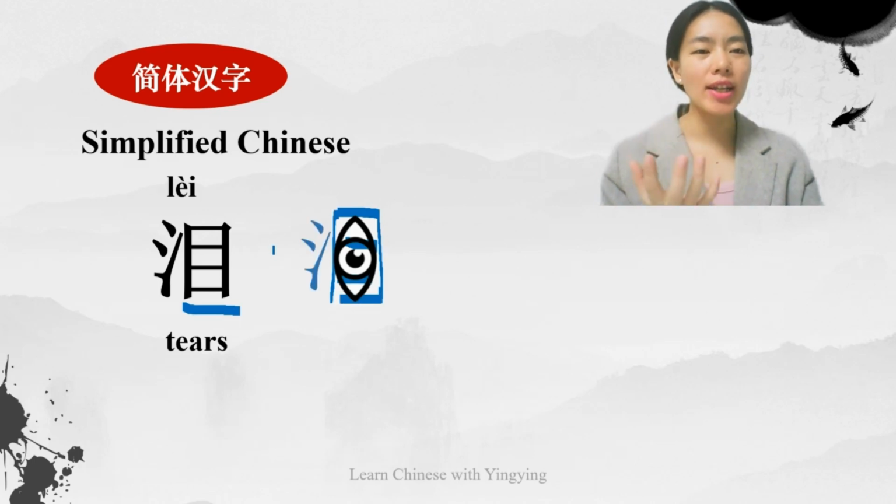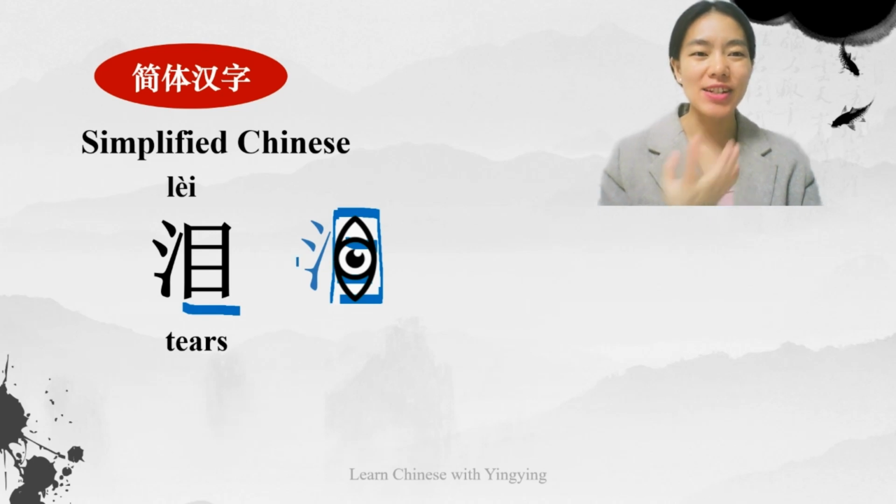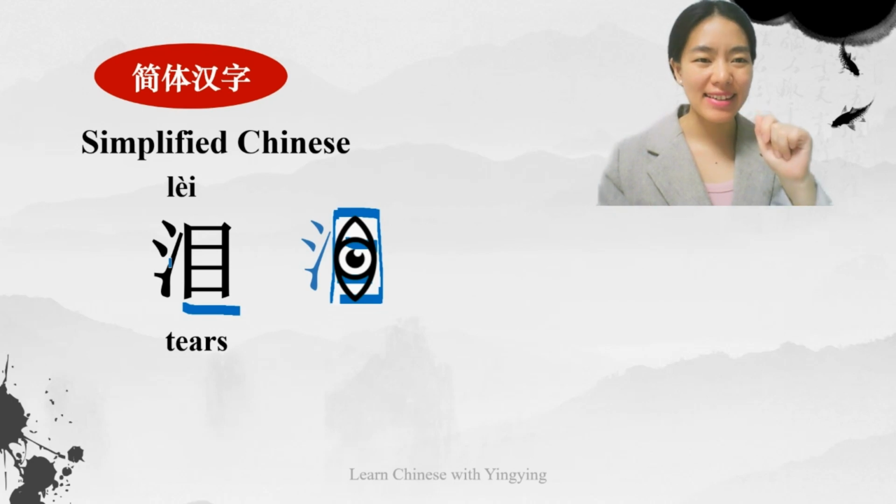When the radical water is put to the left of the word, it means tears. You can remember it this way: tears are the waters coming from our eyes. So this is the word lei. Lei. It means tears. Let's write the word together.